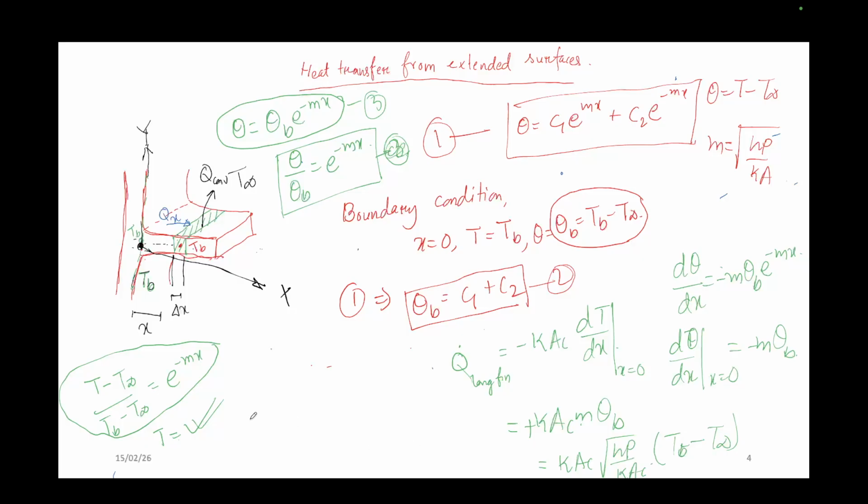So basically you will get Q long fin equals root of HP KAC times theta b. The best thing is to remember only equation 3, or the equation below it.